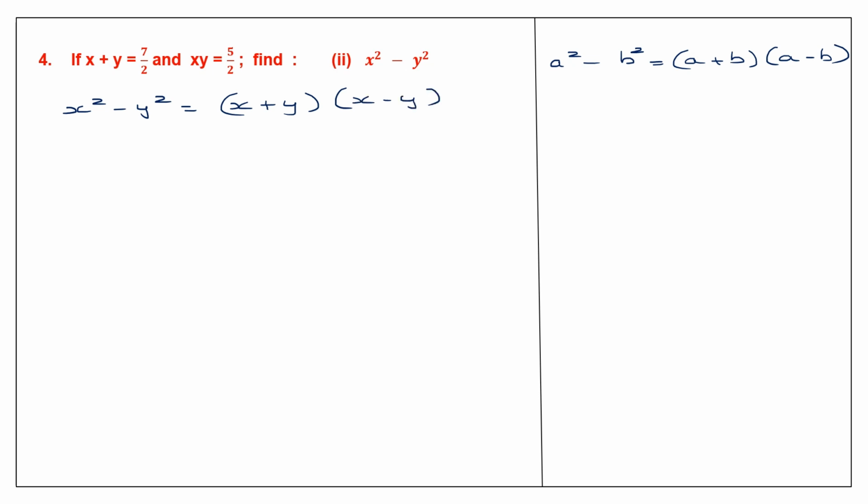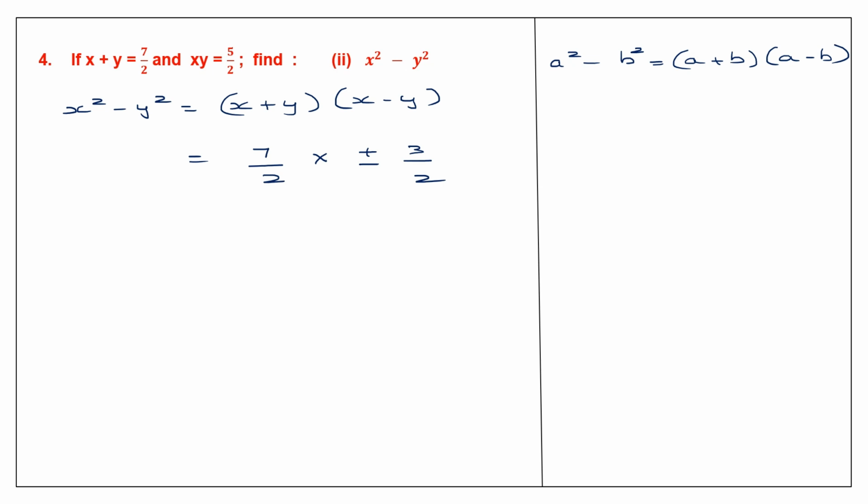Now all we have to do is substitute because we know the values of x plus y and x minus y. x plus y is given to us in the question: x plus y is equal to 7 by 2. So we can say 7 by 2 into, now we found out the value of x minus y in the previous question, that is plus or minus 3 by 2.